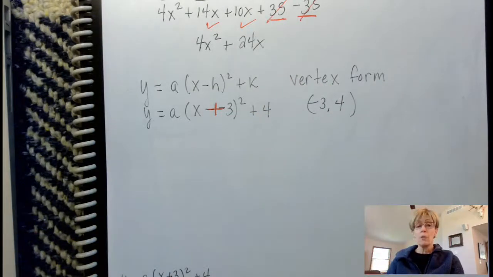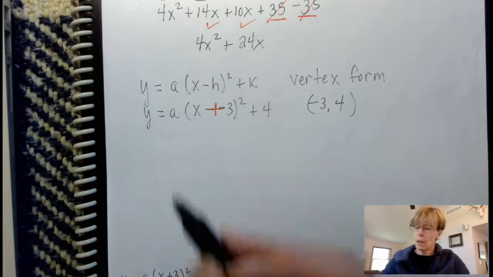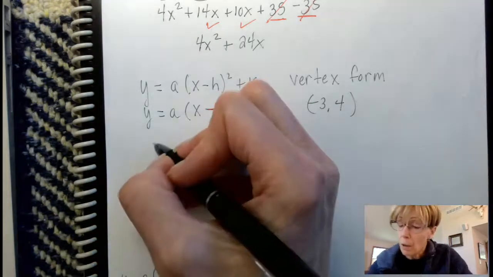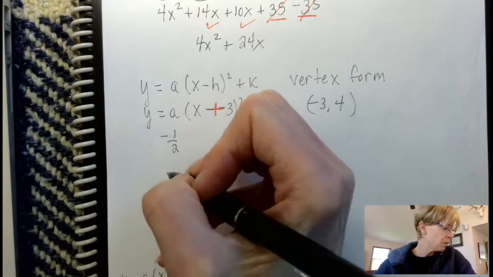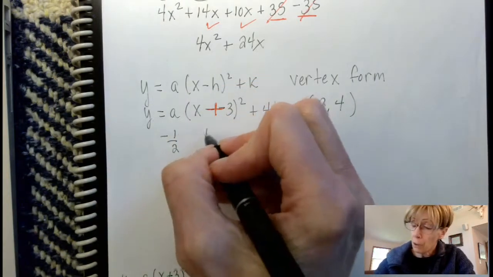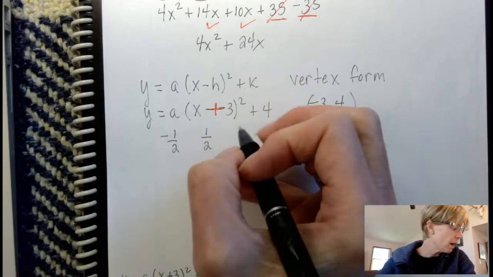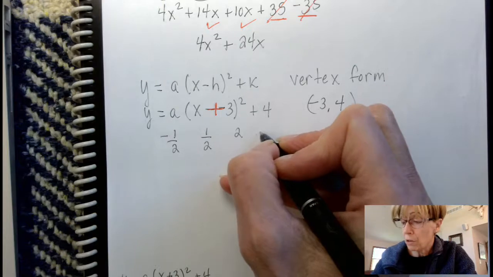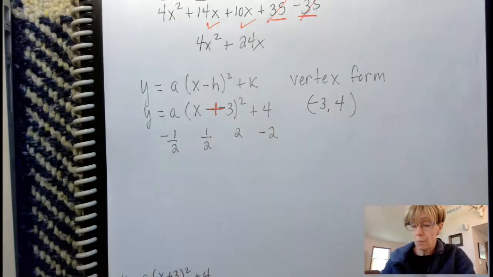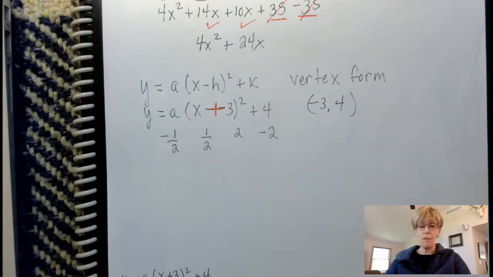So what we're going to type in is this equation, except that our first choice gives us a as -1/2. Our second choice gives a as +1/2. Our third choice is 2, and our fourth choice is -2, because we want to find the value of that.